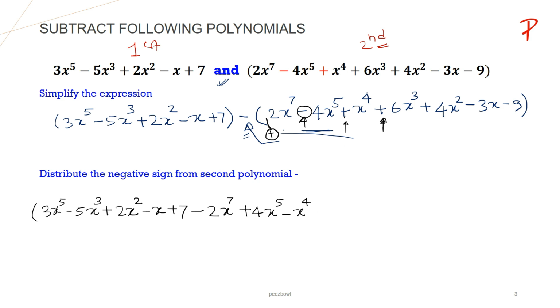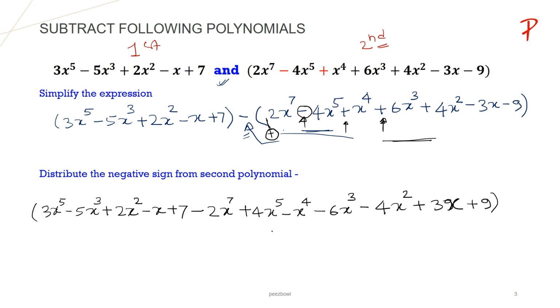Okay. For plus x^4, I have written minus x^4. After that we have minus 6x^3 minus 4x^2 plus 3x, because there is a minus sign, plus 9. Okay, so this is what we get after distributing the negative sign from the second polynomial, right?